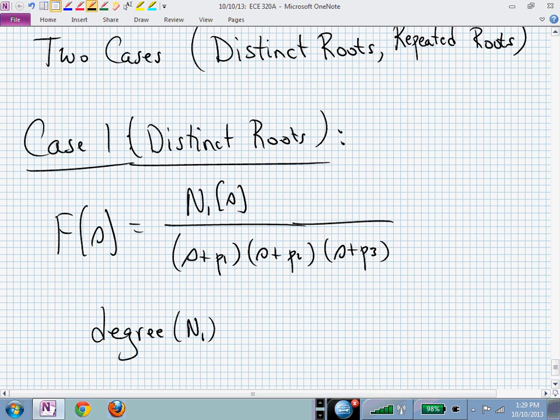When would we have to perform long division? When n1 is higher or the same degree as the denominator. So if n1 was of degree 3 or bigger, we would have to divide it out. So in this case, we want the degree of n1 to be strictly less than what? 3.